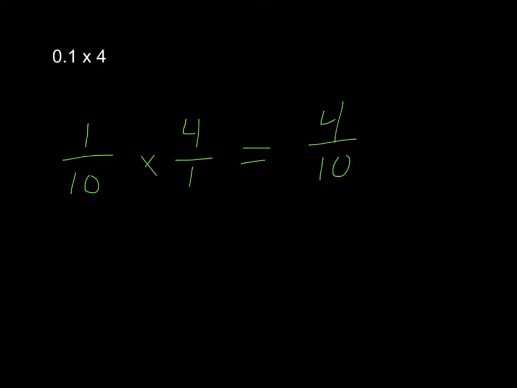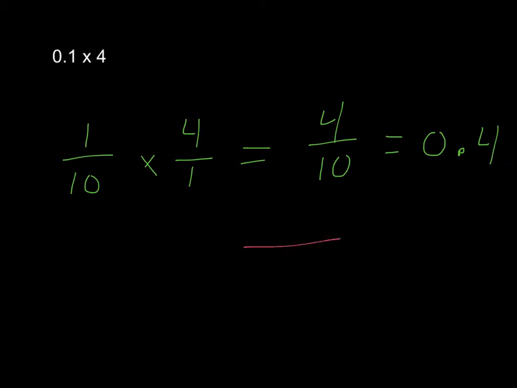In this case, we're not simplifying because we know that 4/10 can be turned into a decimal, where we have 0 and 4/10. Whereas if we simplify it to 2/5, we're not going to easily be able to turn that into a decimal.